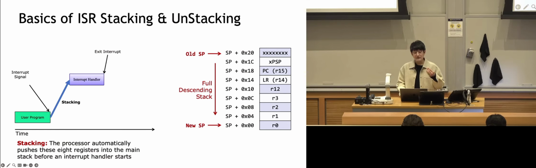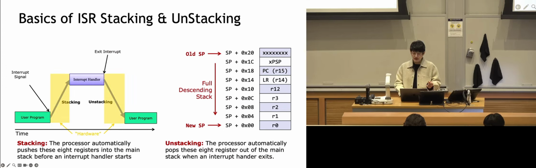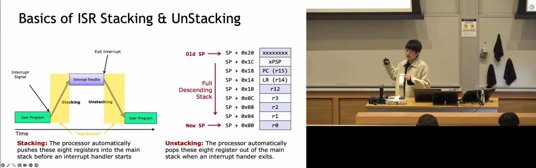After that's finished, it does the exiting, and then the unstacking, which is also handled by the hardware, and goes back to the main program. This is the typical workflow from the core's perspective.